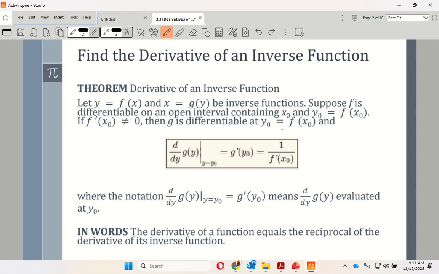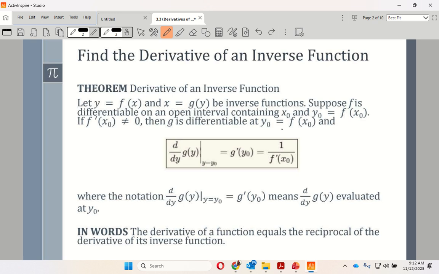If f prime of x naught is not equal to 0, then g is differentiable at the initial y, f of x naught. And so, rewriting it, instead of d dx, it is d dy of g of y when y is equal to my initial value.